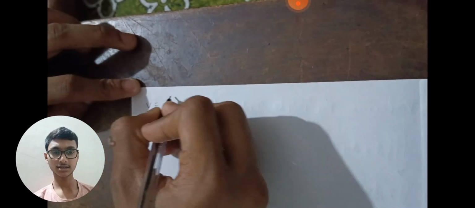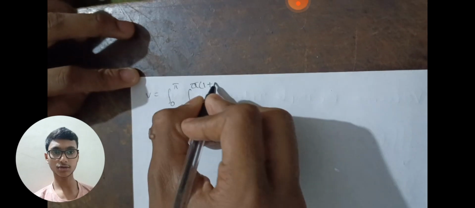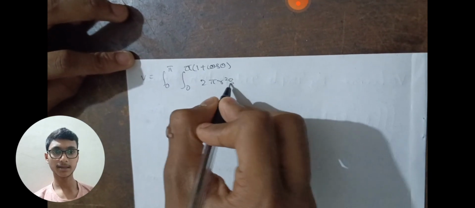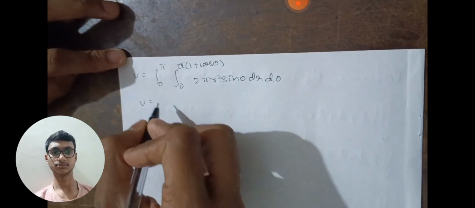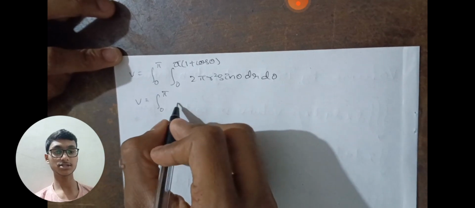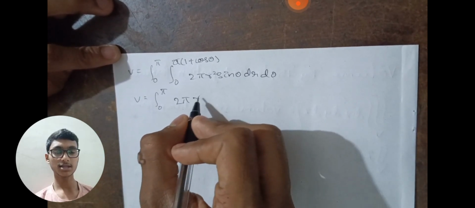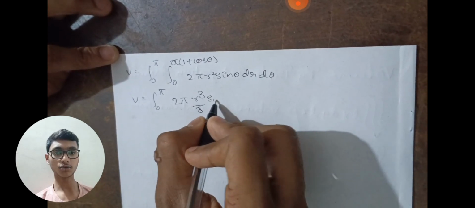Let us write the equation once more. V is equal to integration 0 to pi, integration 0 to a of 1 plus cos theta, 2 pi r square sin theta dr d theta. First let us integrate with respect to r. That gives 2 pi r cube by 3 sin theta d theta, since the integration of r square is r cube by 3.